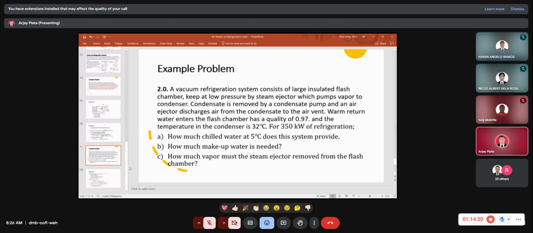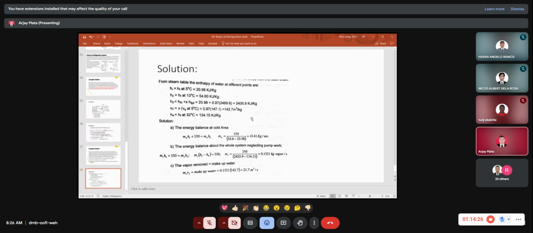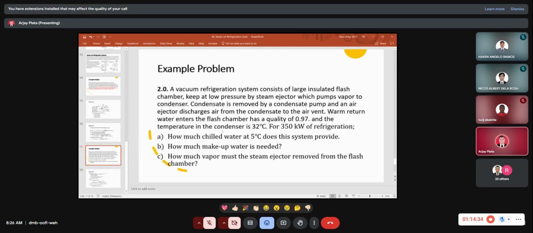So unahin natin yung how much chilled water at 5 degrees Celsius does this system provide. When we are asked how much chilled water, we are referring to the mass flow rate of chilled water. In order to calculate the mass flow rate, we will perform an energy balance on the flash tank.